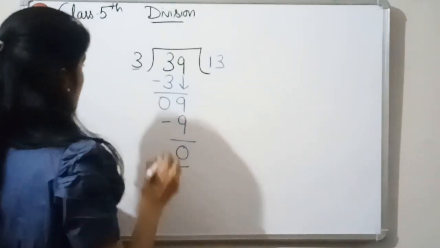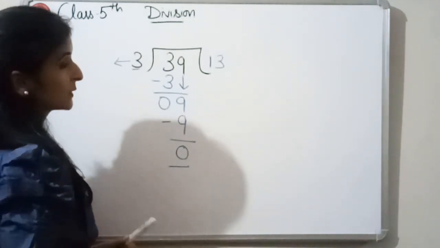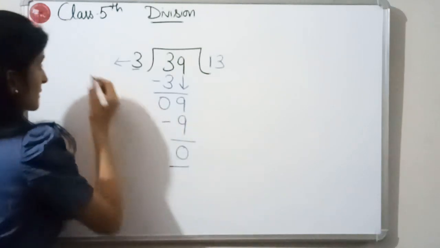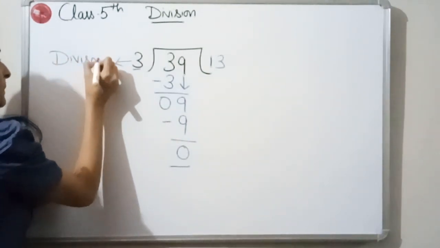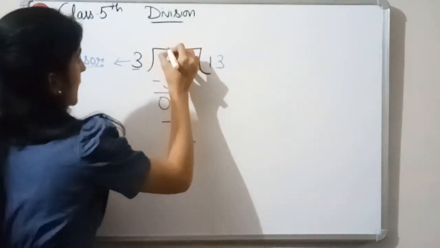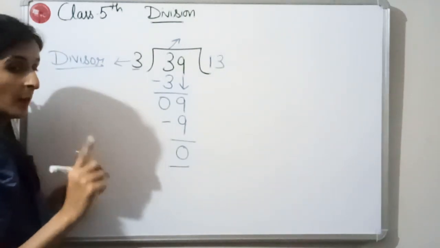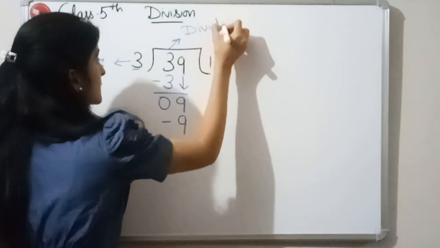So children, what is this 3 here? The number by which we divide is called divisor, and the number which we are dividing, जिस number को हम divide कर रहे हैं, that is called dividend.